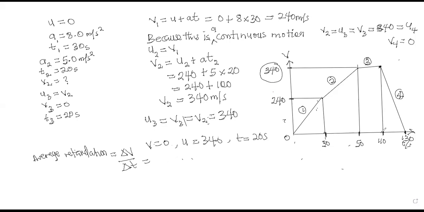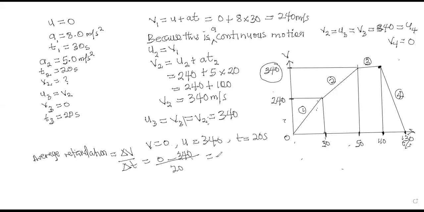The final velocity is 0 minus the initial velocity, 340, divided by the time interval, 130 minus 110, 20. So divide 340 by 20.